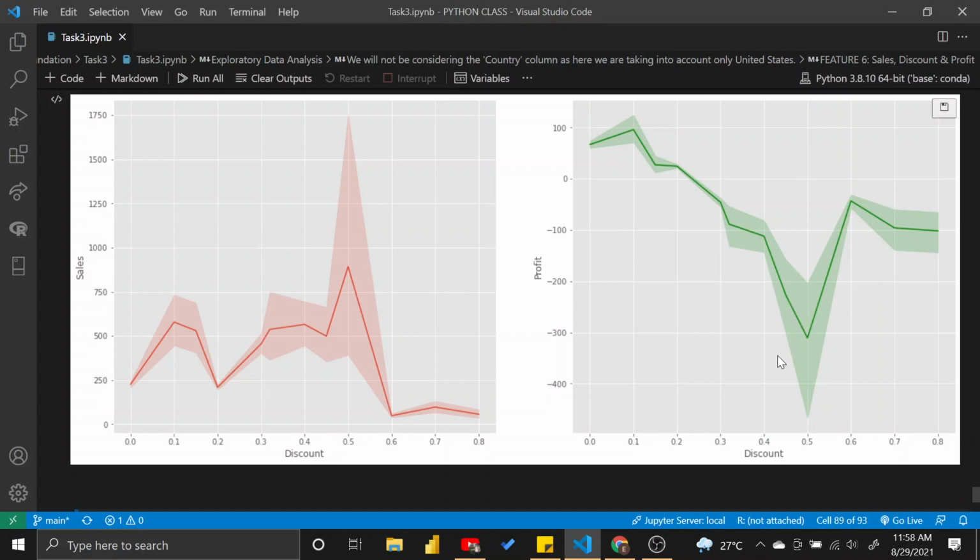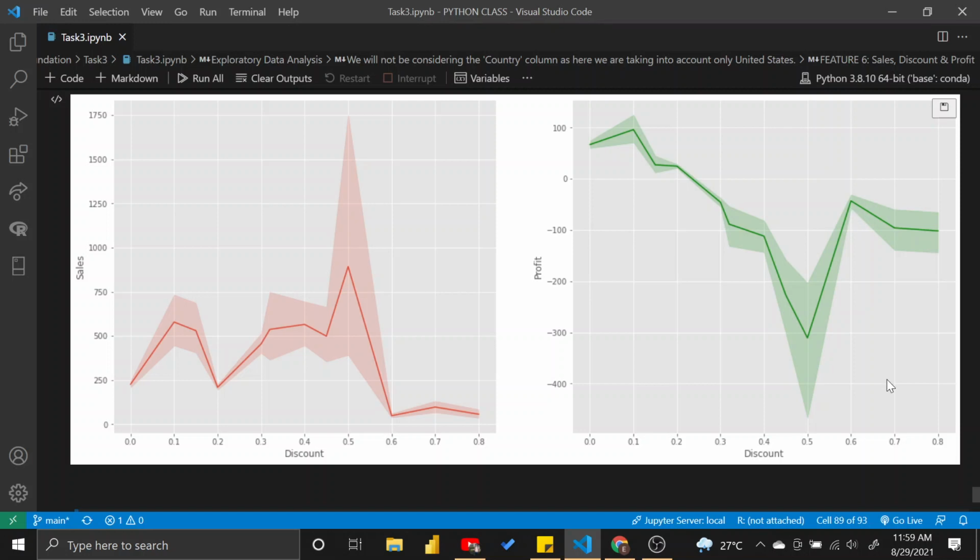Now, one thing is that your profit can reduce because, yes, the price has reduced at that point. But if you're looking at a 60% discount, there your sales have reduced, but your profit has increased. Now, 60% discount is comparatively more, I believe. I'm not entirely sure.